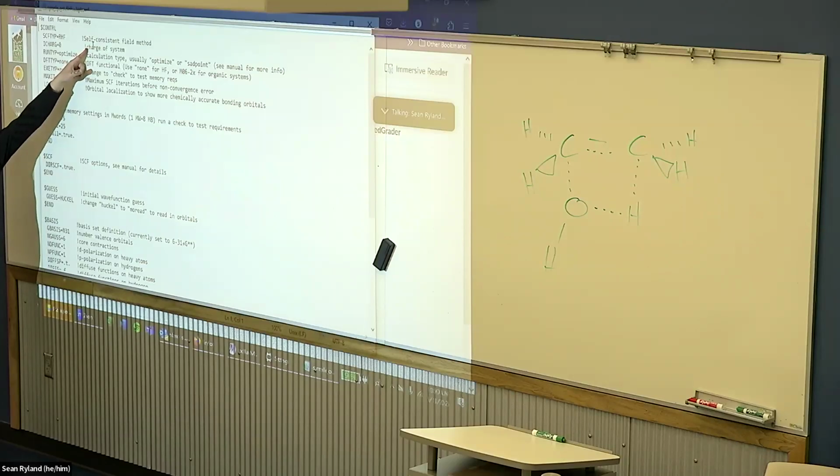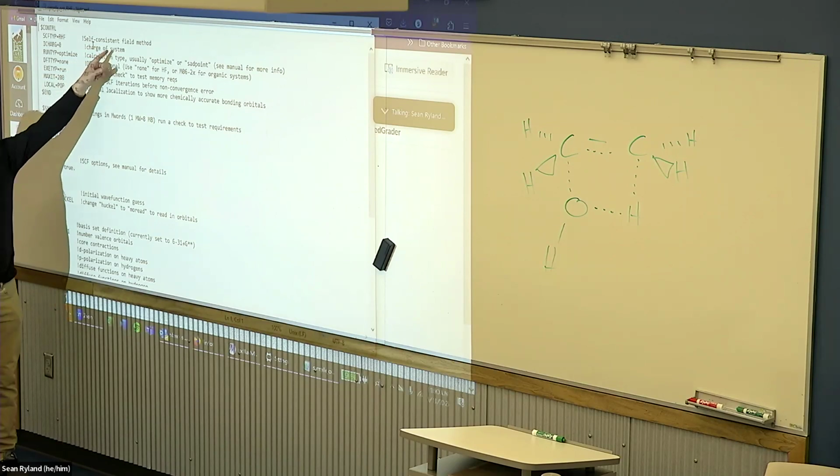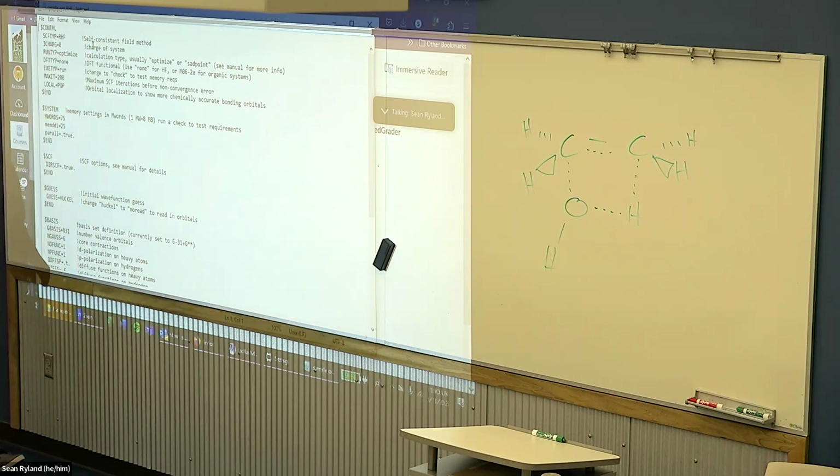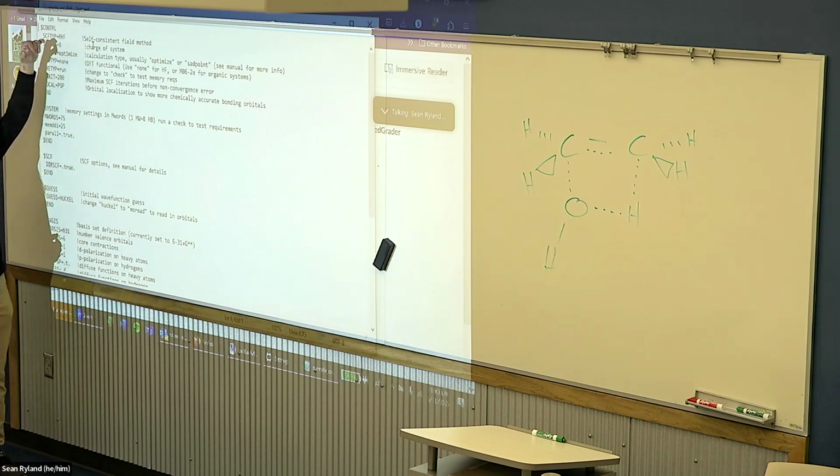If we got rid of that exclamation point when we tried to run this, GAMESS would say, charge of system, I don't know what that is, fail. It'll just crash out, because it's going to try to do something it doesn't know how to do. So we tell it it's comments.